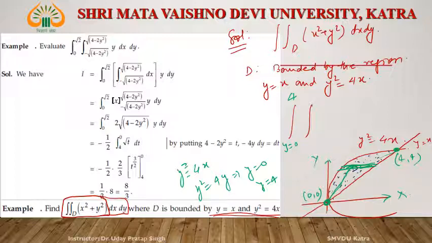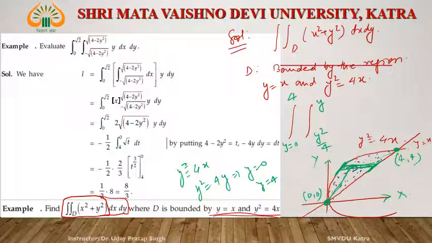Now see the curves. The lower part of the strip lies on the parabola. And what is the parabola? Y square equal to 4x, then x is equal to y square by 4. And the upper part lies on the straight line, x is equal to y.